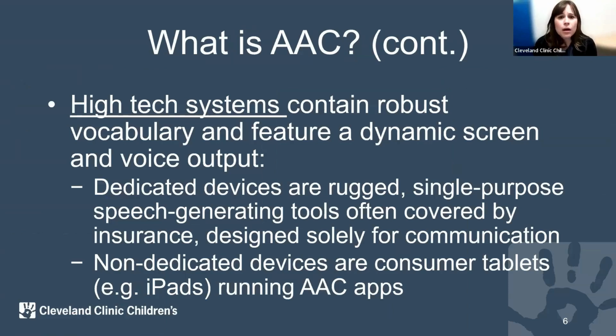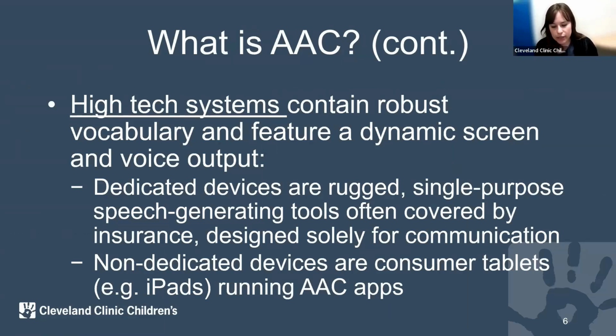High-tech systems are systems that contain robust vocabulary and feature a dynamic screen and voice output. When I say robust, I mean this is something that includes extensive vocabulary, a variety of parts of speech, and it has the ability to modify the grammar. So you can change the words for verb tenses, you can change it to make plurals, all of those things.